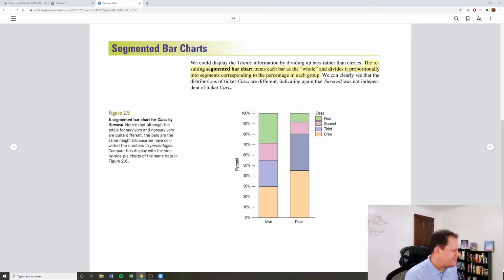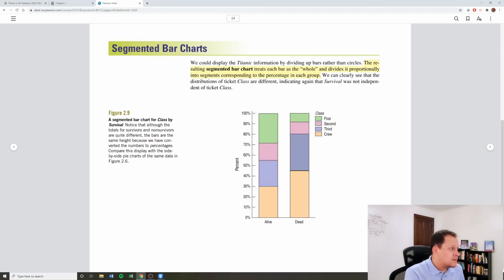So you can see in the segmented bar chart that the proportion, what stands out to me is, first, I start at the bottom usually, the crew, a lot higher percentage of the people who died were crew than the percentage of people who lived. So almost, well, somewhere between 40 and 50% of all the people who died were crew, right? Whereas crew only made up about 30% of the people who lived.